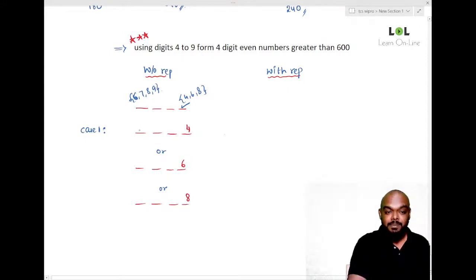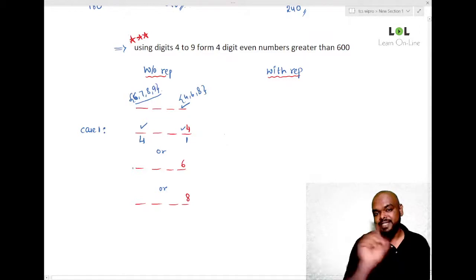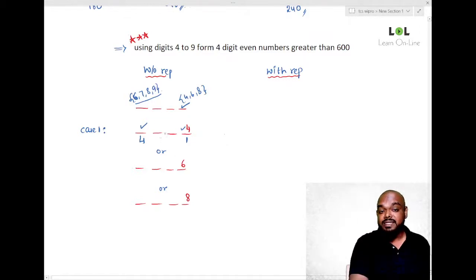Now what happens? Observe. I used a digit 4 here. It means I can fill it in only one way. It means here all the 4 digits are available. I can fill it in 4 ways. So now 2 places are filled, 1 digit in the units place, 1 digit in the tens place. Still how many digits are there? 4 to 9, 6 digits. We used 2 digits. Still 4 are there. I have no conditions in the other places.